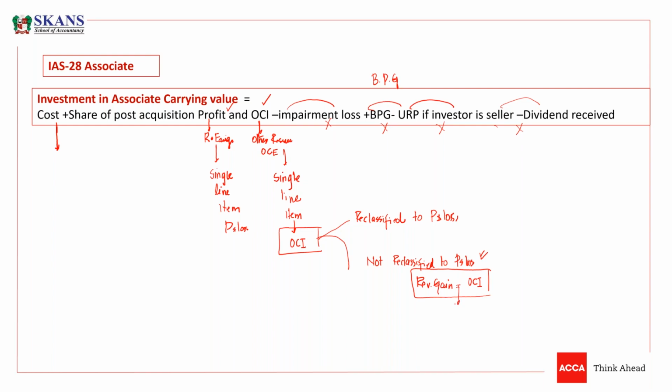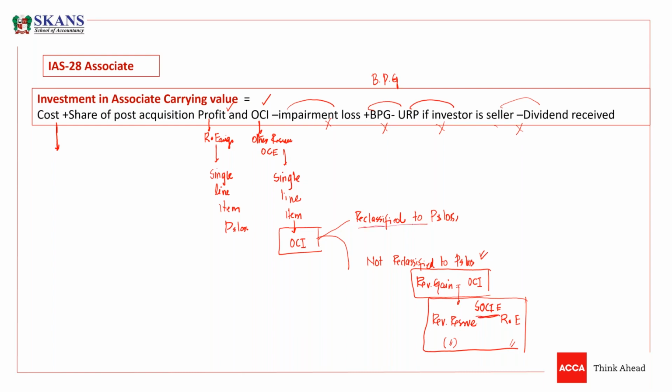Rather, it will be transferred from revaluation reserve to retained earnings, either at the time of sale or over the life of the asset. We transfer revaluation reserve towards retained earnings within the statement of changes in equity. We will not take this revaluation gain back to P&L.